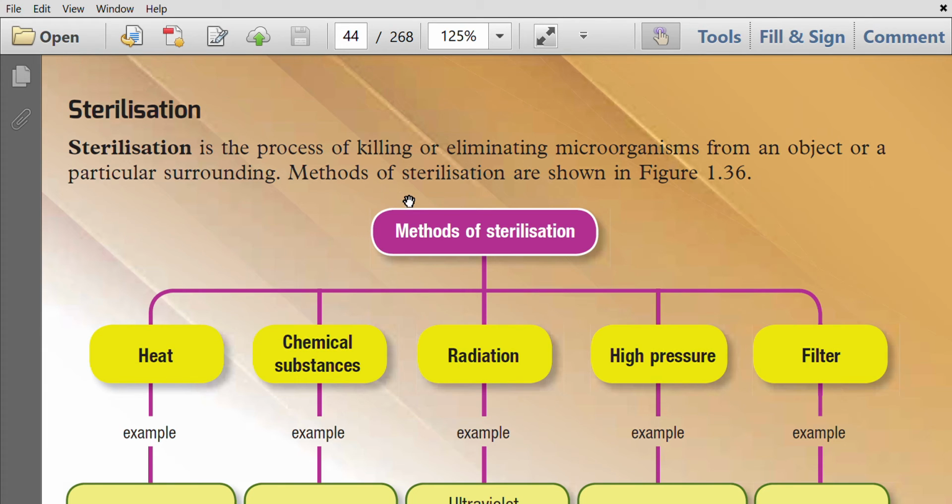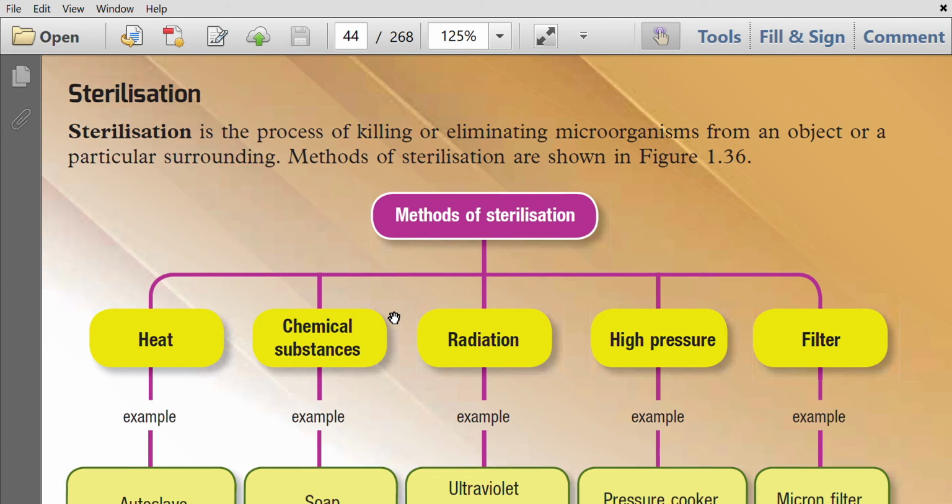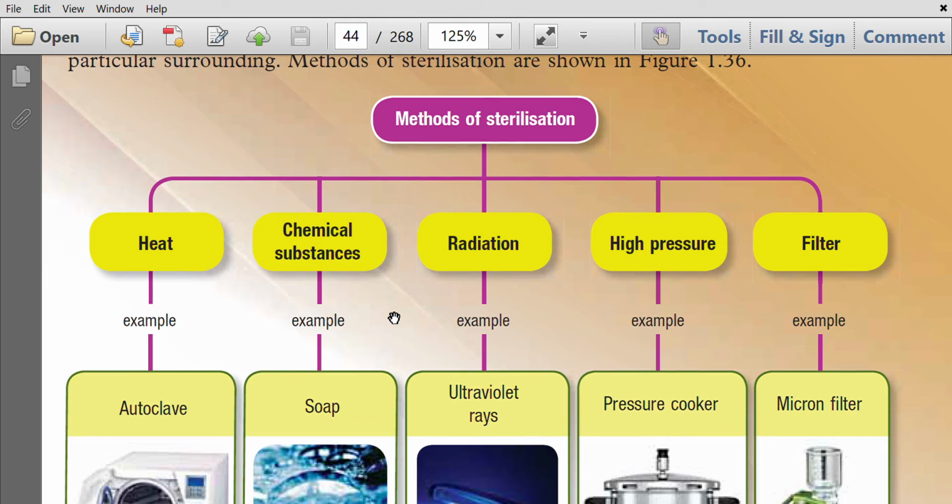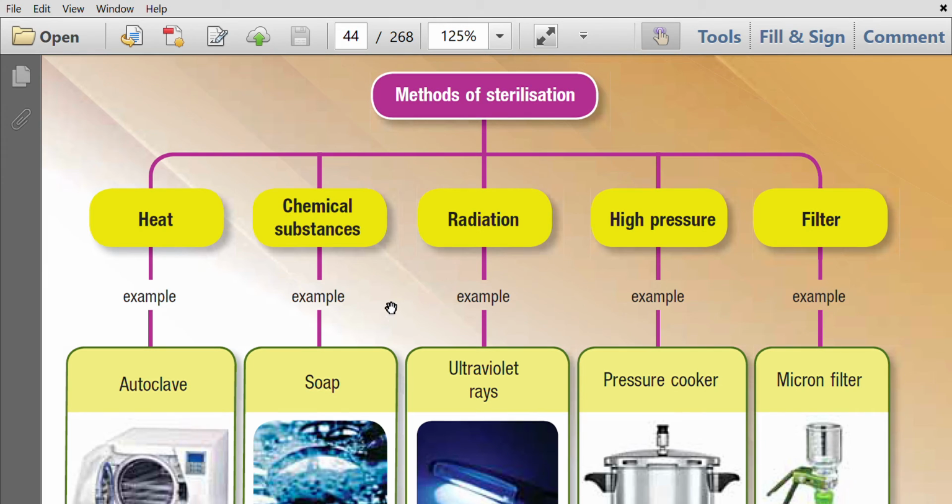The methods of sterilization are shown below. We have many methods, basically 5 methods: sterilization by using heat, chemical substances, radiation, high pressure, and filter.